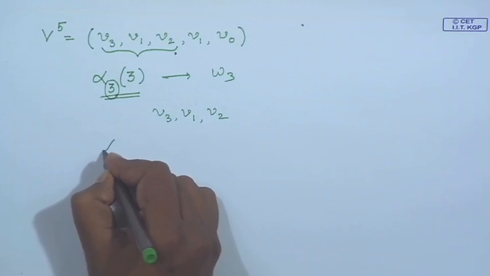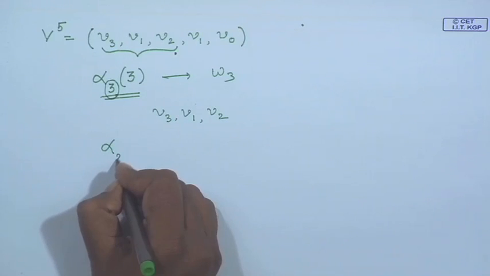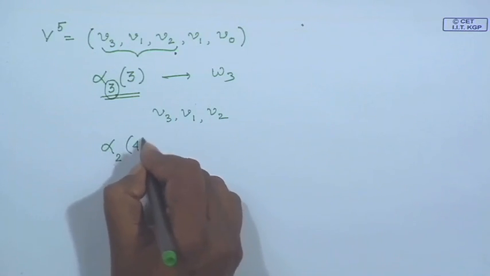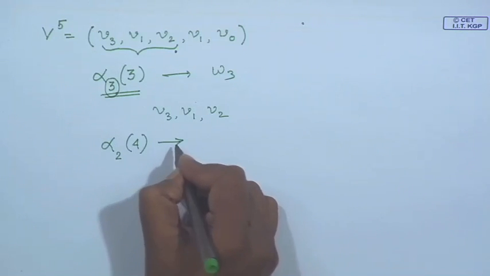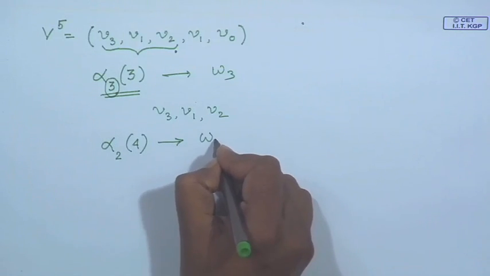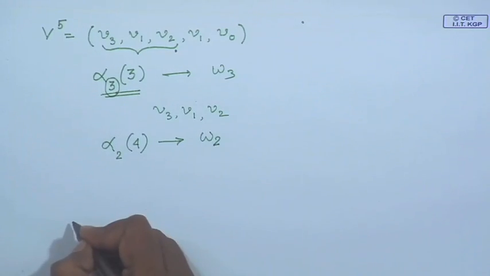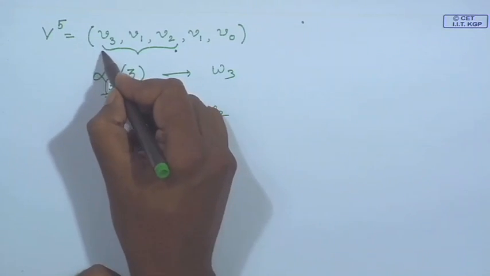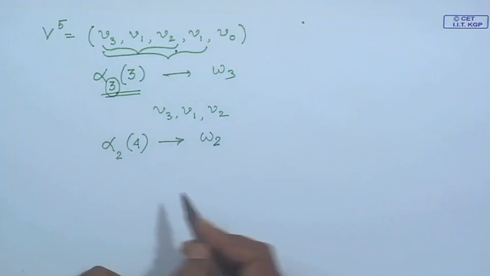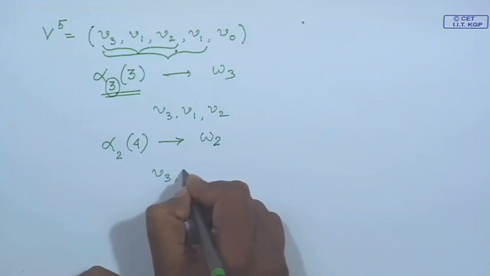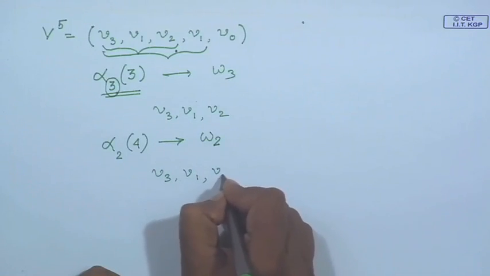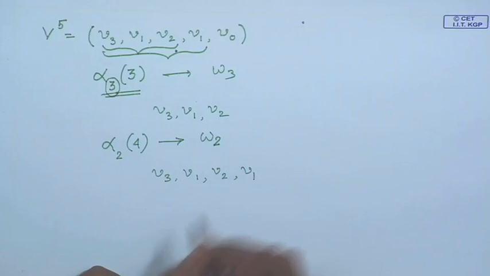Similarly, if I ask what is alpha 2 4, this says what is the probability that the machine will be in the hidden state omega 2 after generating the first 4 symbols, that is, it has already generated V 3, V 1, V 2 and V 1.